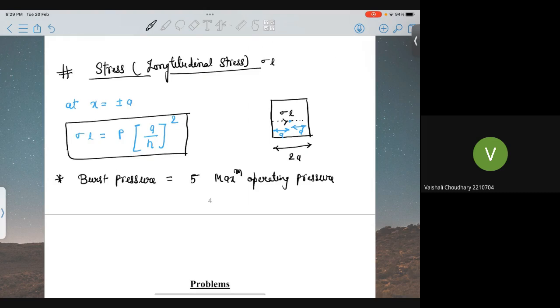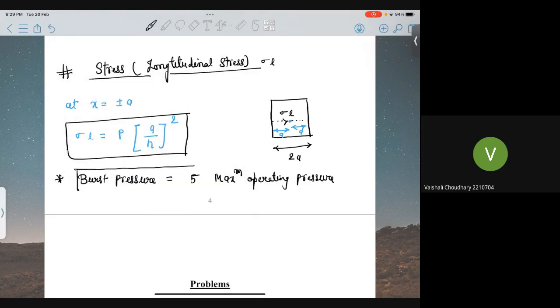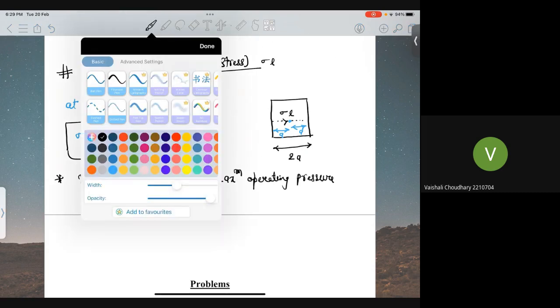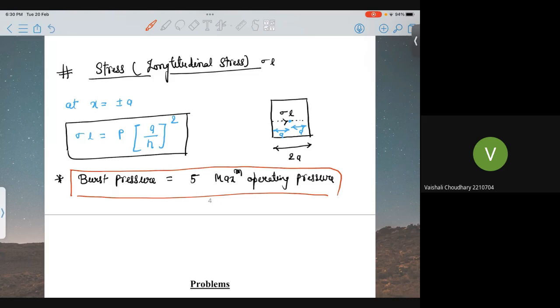This is the condition. Beyond this, your system will get damaged and won't work properly. This is the condition for maximum operating pressure. This is the condition for burst pressure.